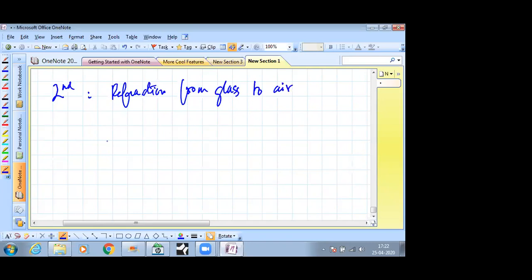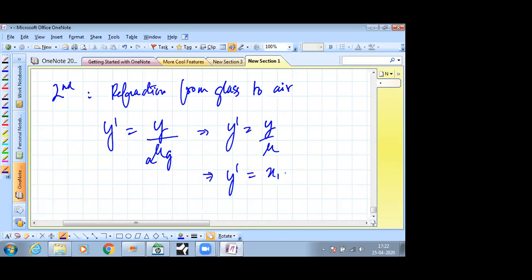So the apparent depth, which is y prime, should be equal to the real depth divided by refractive index of glass with respect to air. So y prime will be equal to y divided by mu, where mu is the refractive index of glass. Now what was y itself? We had seen in the diagram earlier. It was x1 plus the thickness.